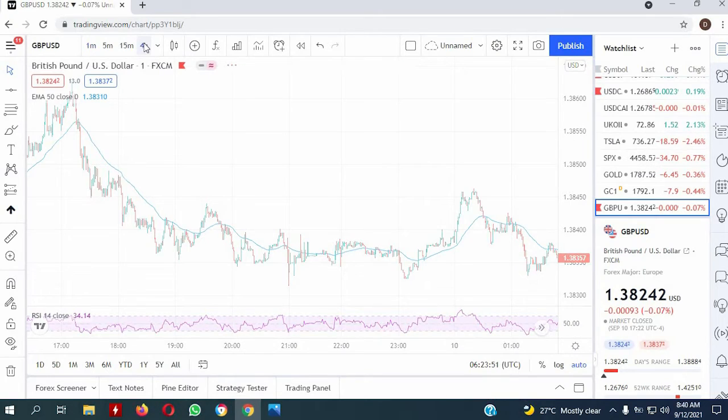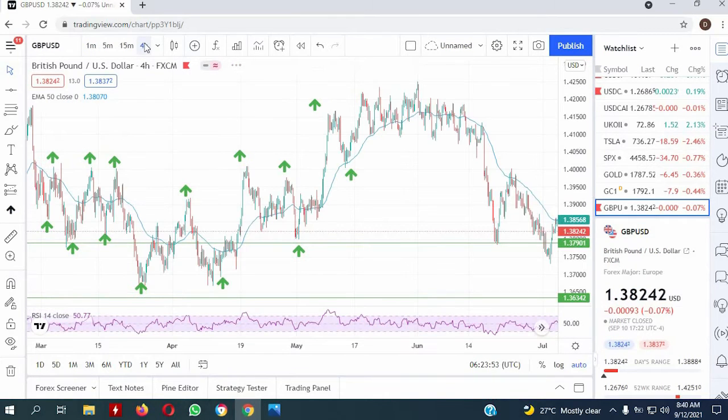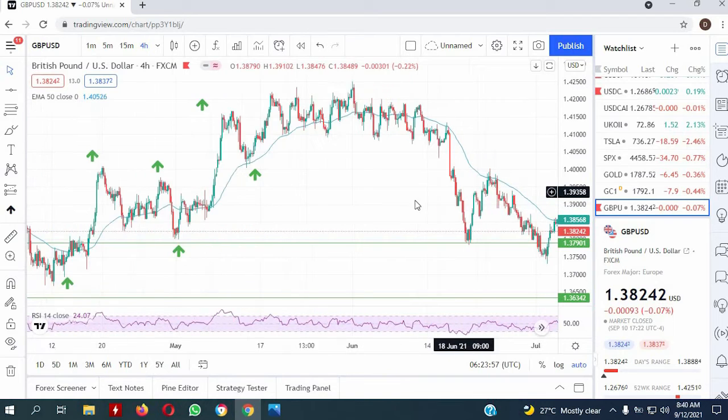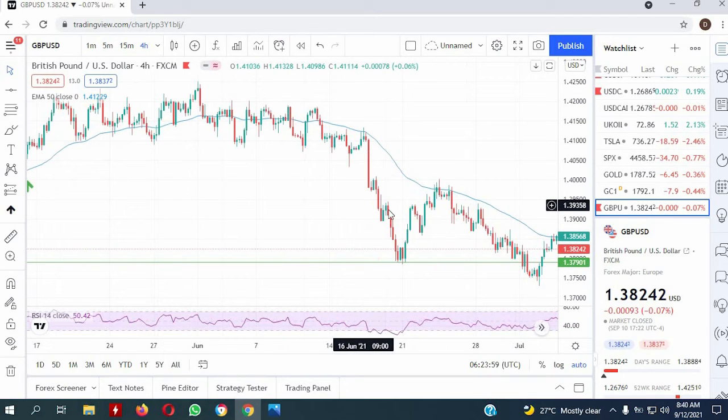I'm going back to the 4-hour chart. Let me zoom this up. Technical analysis is using materials readily available to derive the best possible outcome of a winning trade.